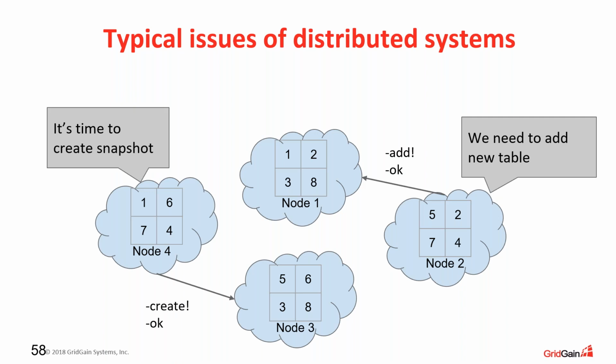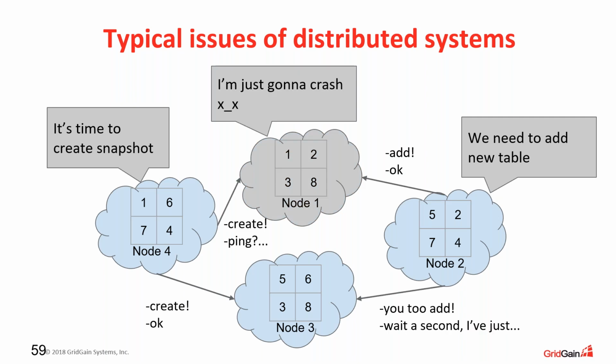He also enters a command on another node, and that node starts propagating this command to the whole cluster. And we may bump into the situation when several nodes obtain these commands in a different order. There will be nodes that will firstly accept the command to create a snapshot, and there also will be nodes that will firstly accept the command to create a table. And to make the picture complete, some node should just crash and make the situation even worse.